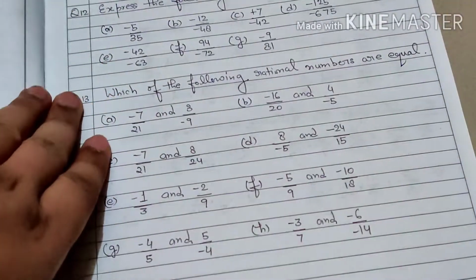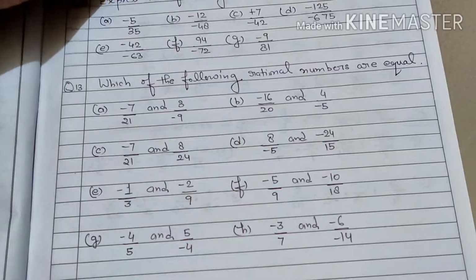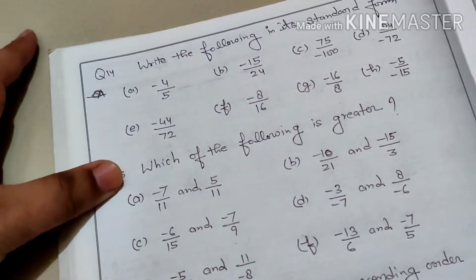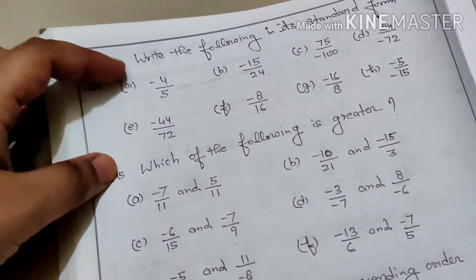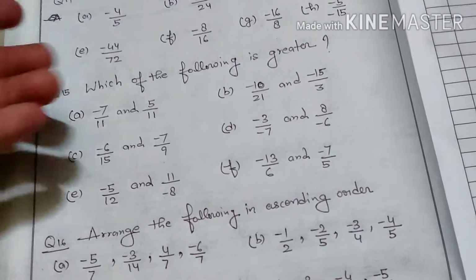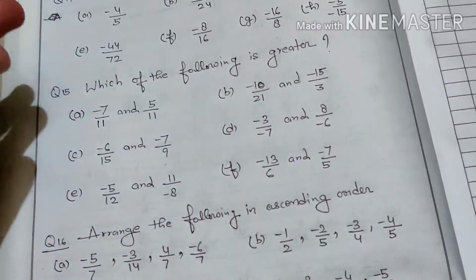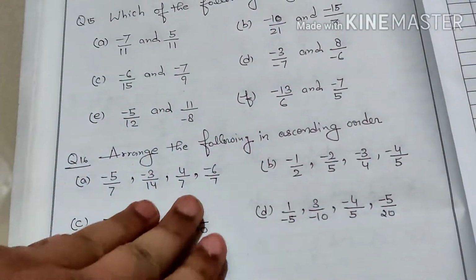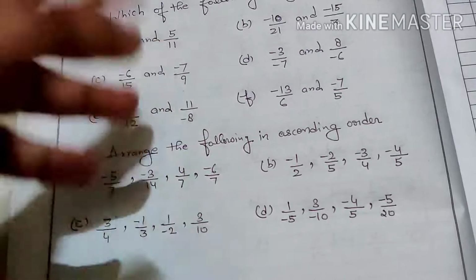Okay, now the next question is to write the following in standard form. Again a simple question. Now which is greater than? Simple question, we have to write greater than, less than, or equal to. And now the ascending order questions.